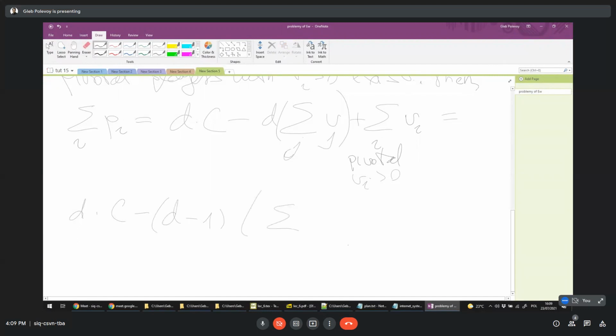So, let's assume that all the values are like this. Wait, one second. I want to say minus D minus 1 times the sum of all the values, but we don't sum here all the values. Maybe, but it's okay, it's going to be at least the sum of all the values.